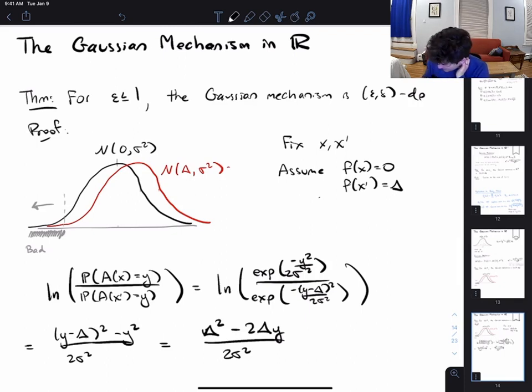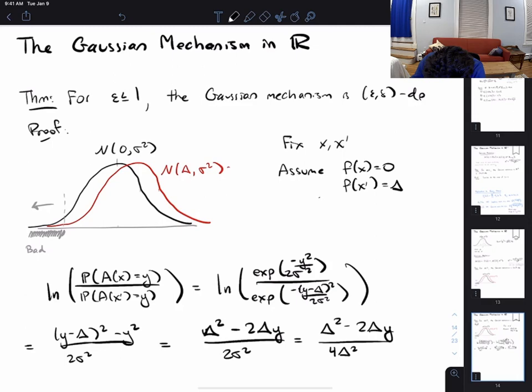All right, and now we defined sigma squared in a particular way, the following.